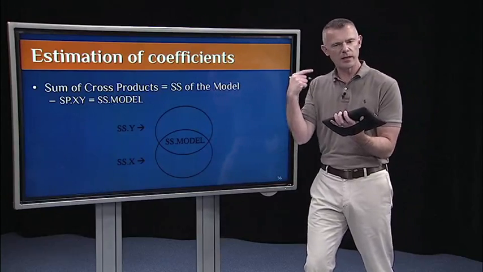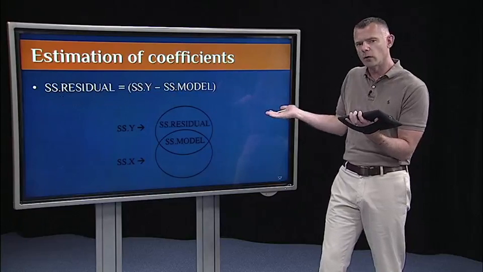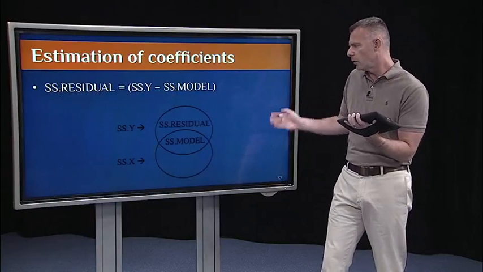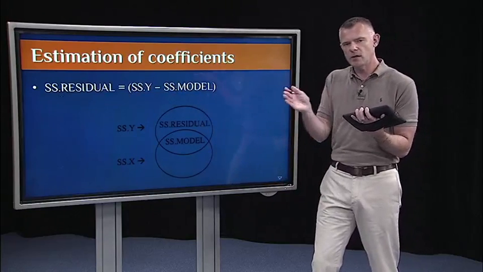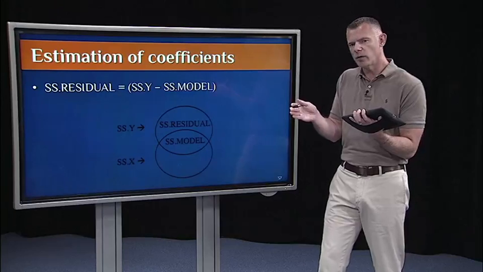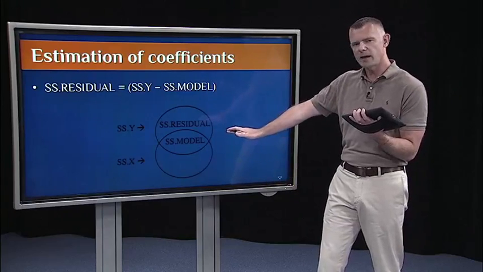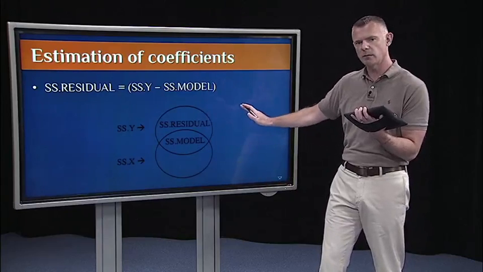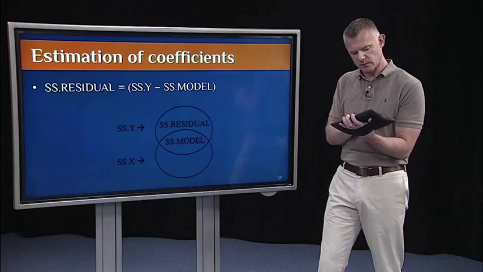So again, how can we think about sum of squares residual? Well, it's just what's left over in y. So it's the unexplained variance in y. So here where we're doing just a simple regression, this is easy. We just have some of the variance in y is explained by the model, some of it is unexplained, that's the residual. And again, the goal is to minimize the residual.